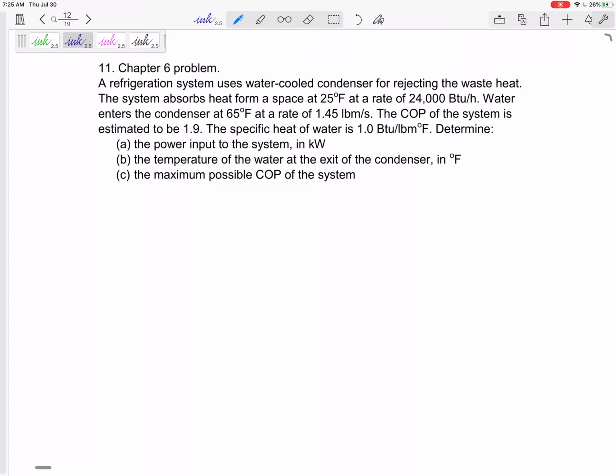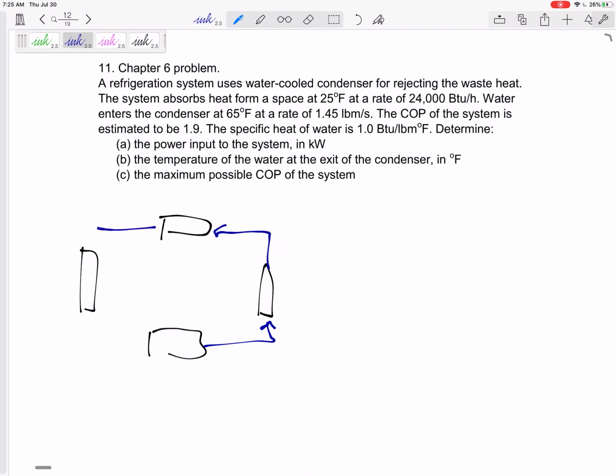So you remember that kind of diagram for a refrigerator or heat pump that has refrigerant going through these tubes, and there was an evaporator, I think a compressor, the condenser, and then a throttling valve or something here.